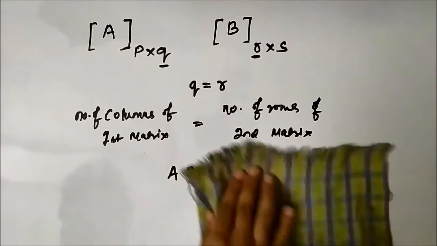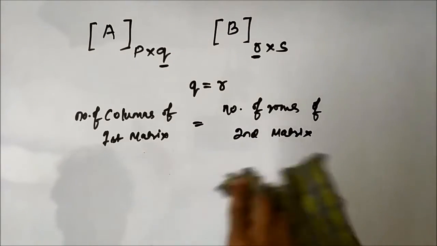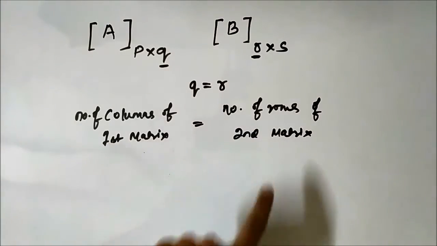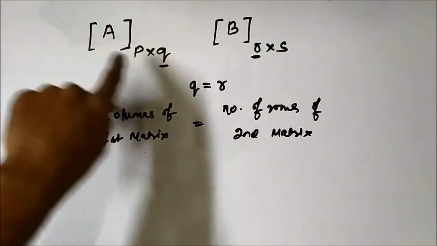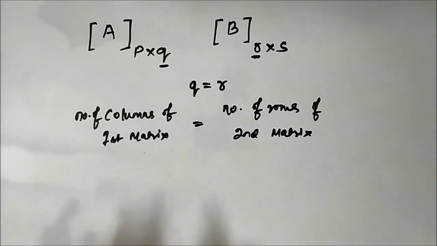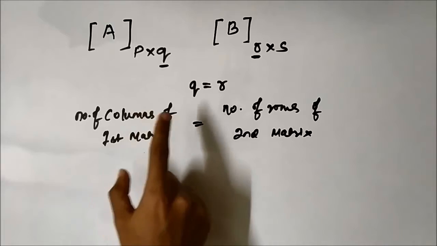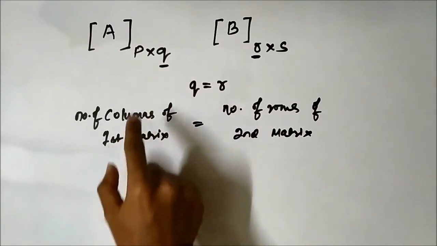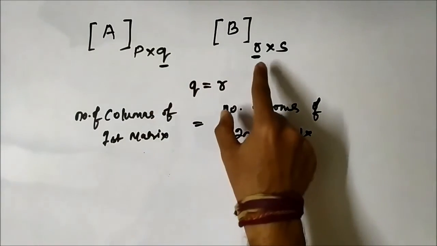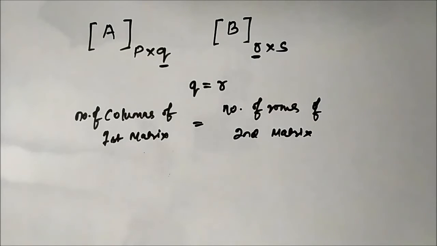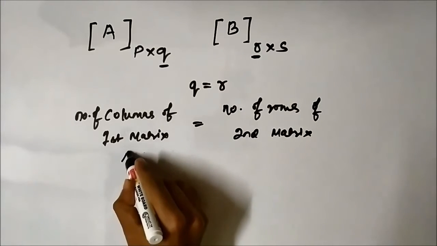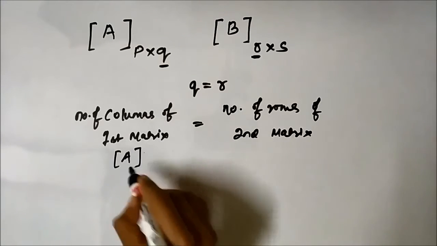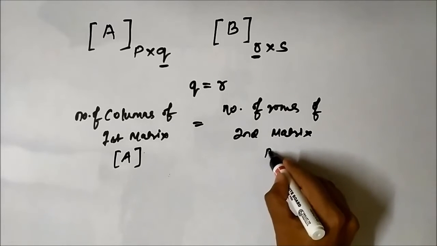Here the first matrix is A and the second matrix is B. So the condition is that the number of columns of the first matrix should be equal to the number of rows of the second matrix.